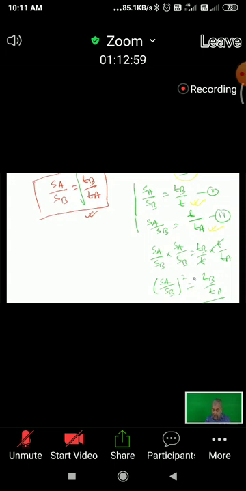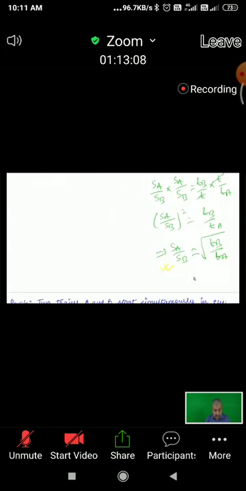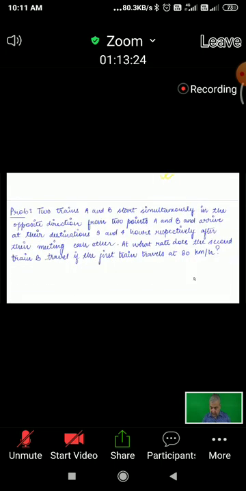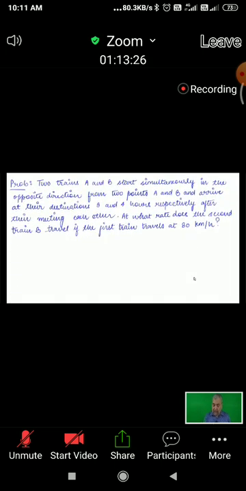The answer for the current question is 120 kilometer per hour. So please check your answer. Please check your answer. I will make it visible. So many answers are coming. Okay. I am doing this question for those students who have not done it.